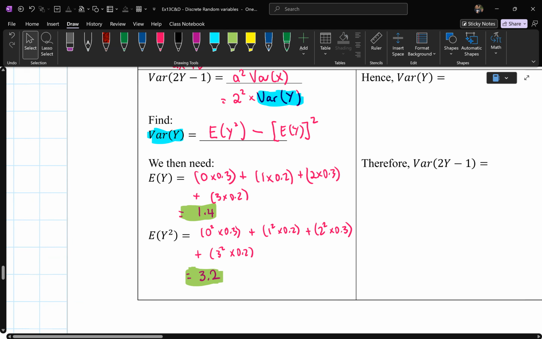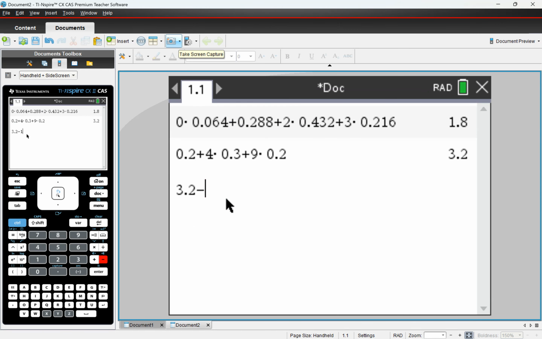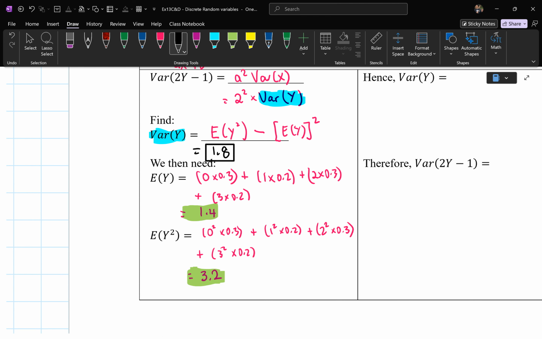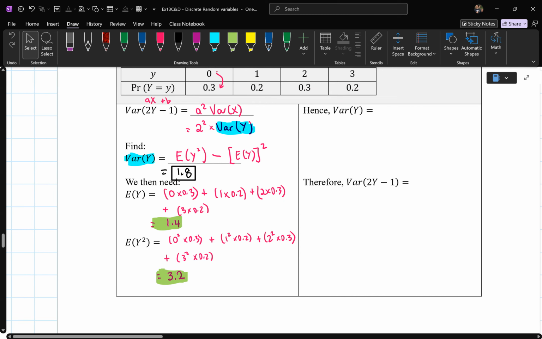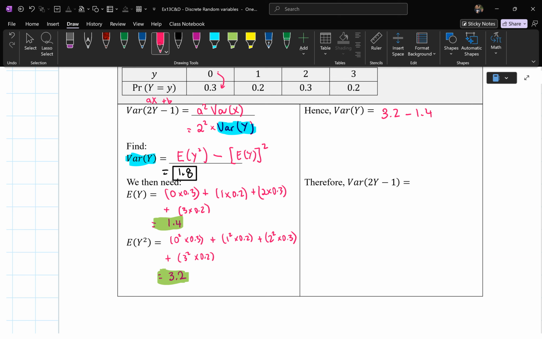So my variance of y should equal 3.2 take away 1.4, which is 1.8. There we go. So we now have variance of y. So to answer the top question, since this is now E of y squared, 3.2, maybe I'll do it in red. 3.2, take away 1.4, and we've got 1.8.